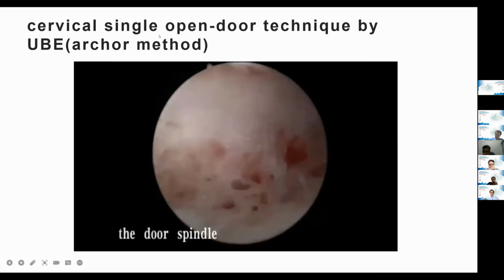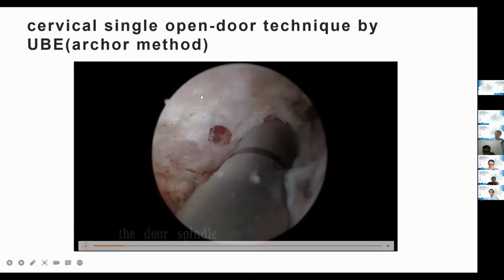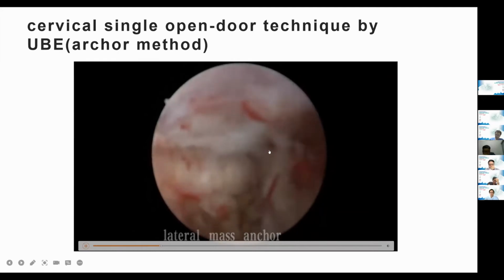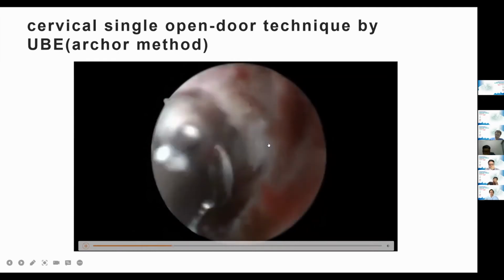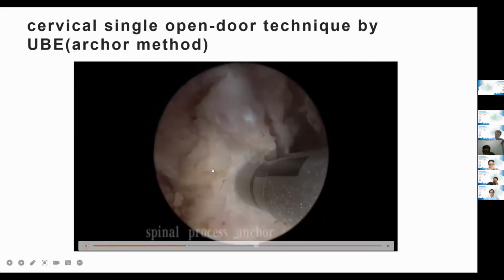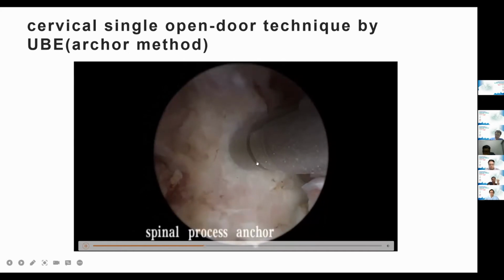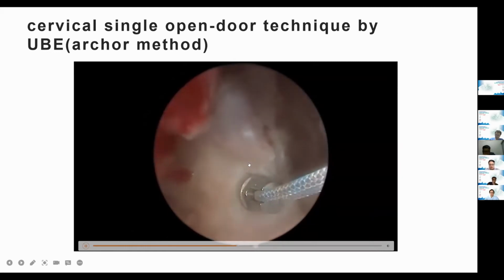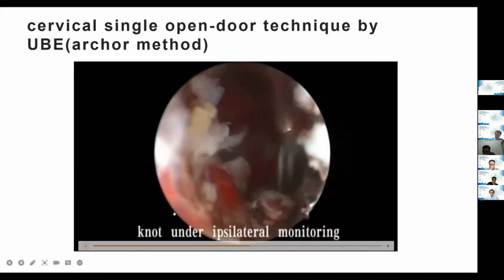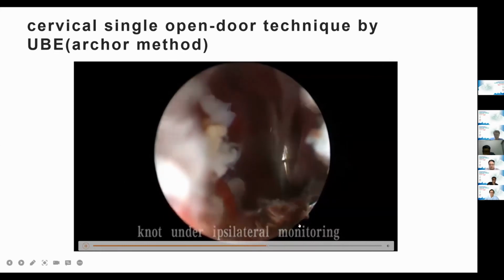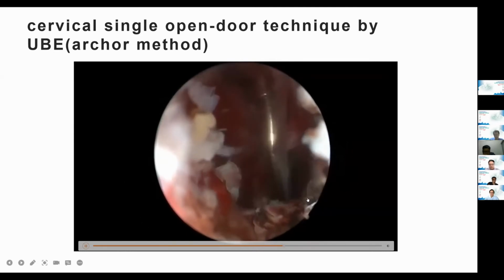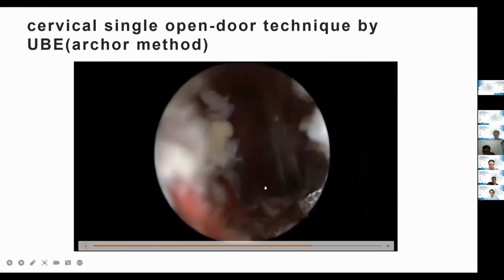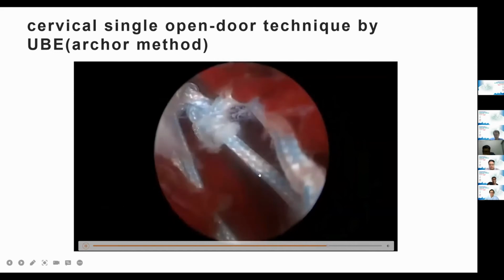Another method for the cervical single open door is the anchor method. First, we insert the lateral mass anchor. Then I insert the spinous process anchor. We do the knot under the endoscopic monitoring. We can see the knot pusher through the interspinous space.